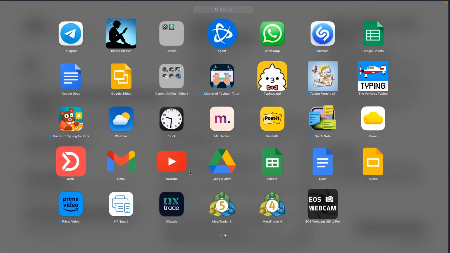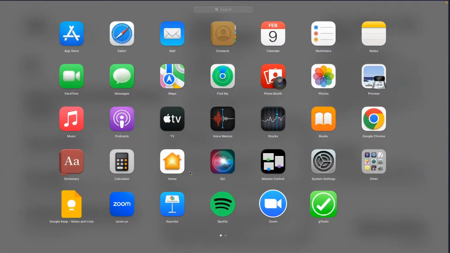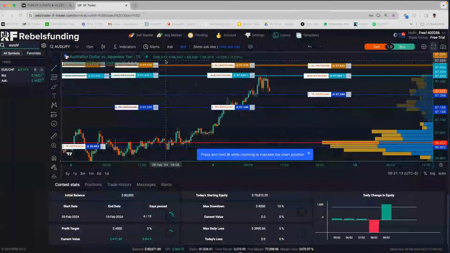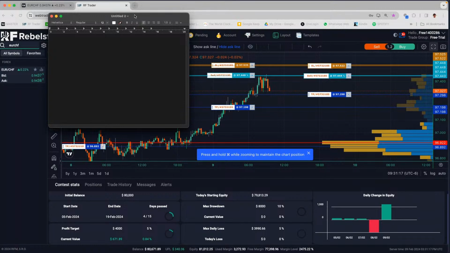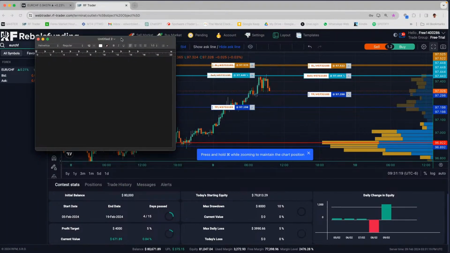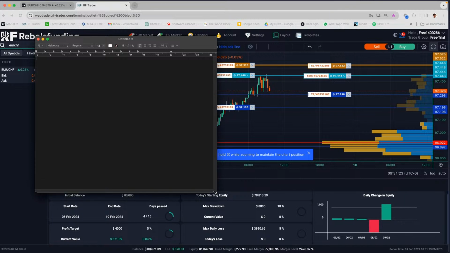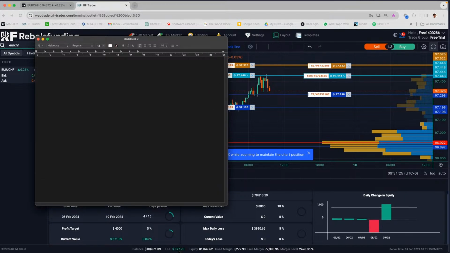They call it this thing, TextEdit. I like it because it's very clean for note taking, right? And look, it's very nice because I can be typing a note and I can see things I care about, which is the entries and the clock.